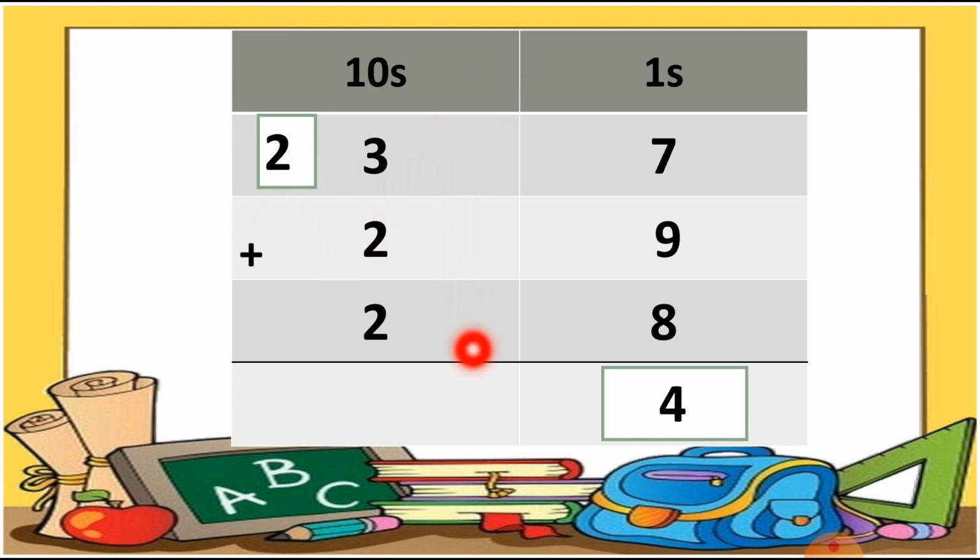Now let's move to the tens column. Here 2 plus 3 plus 2 plus 2. These 4 digits we have to add together at the tens column. Now the tens column answer is 9 and the final answer is 94. So this way we can add the numbers, and you have to write these types of sums in your notebook.